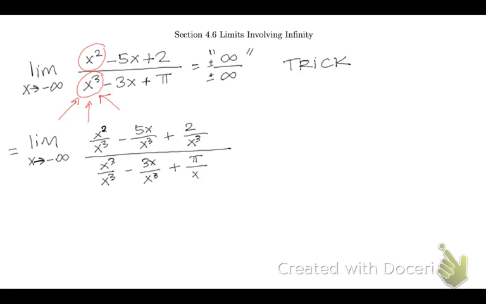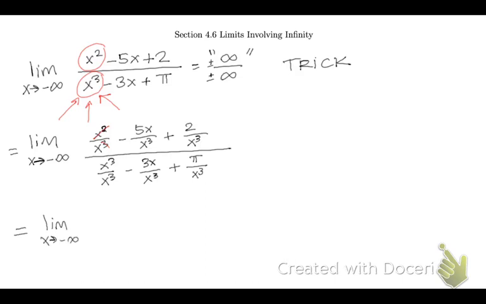Pi is just a number, right? We can't be afraid of pi. It's just 3.14. It's going to behave pretty much the same way the 2 is up top. It's just a number. All right, now I'm going to go through and kind of reduce all of my powers of x. Okay, so I'll just do a little bit of algebra here. You've got an x squared and an x cubed. Okay, so that's going to leave you with x to the first on the bottom. So we're just going to go through and simplify all those fractions.